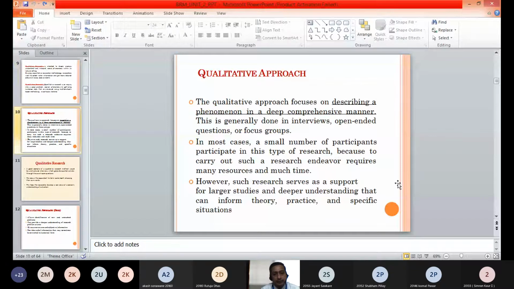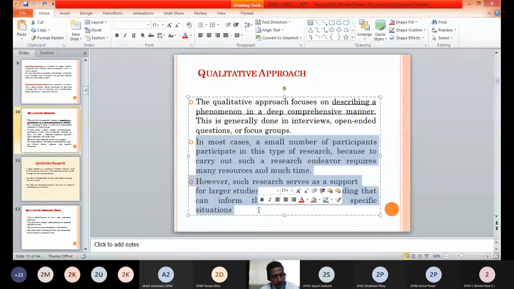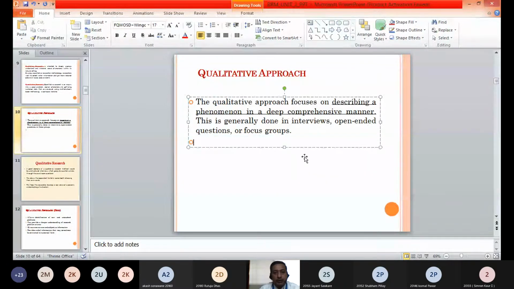Now going further, the qualitative approach focuses on describing a phenomenon in a deep, comprehensive manner. Comprehensive means in detail or in depth. This is generally done through interviews, open-ended questions, or focus groups.